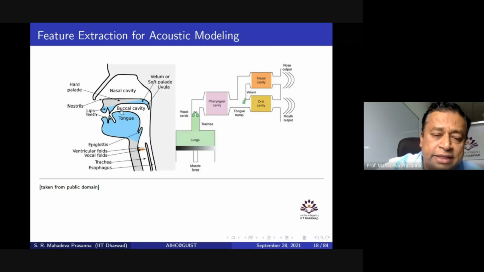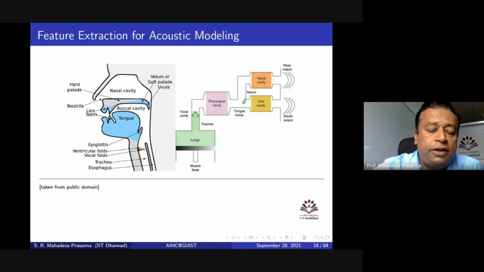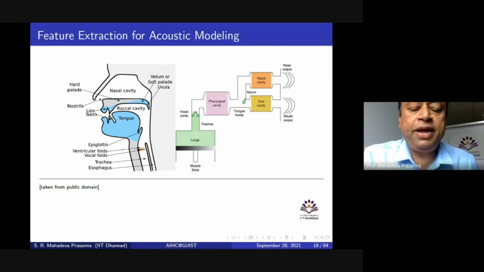As long as all of them are working in a coordinated manner, including the vocal folds, that is the glottis, and are functioning properly, the speech produced will match well with the normal condition.